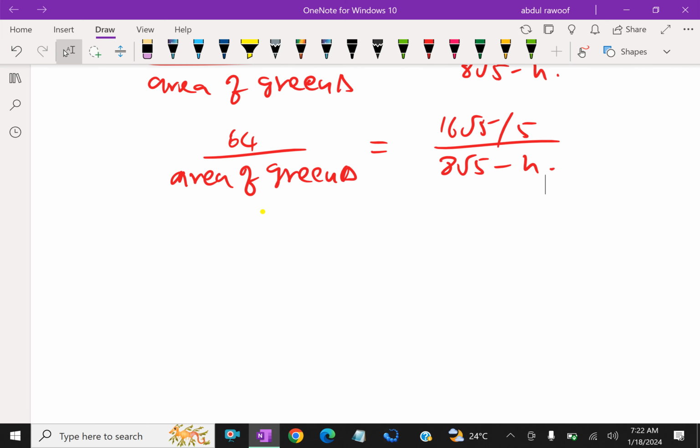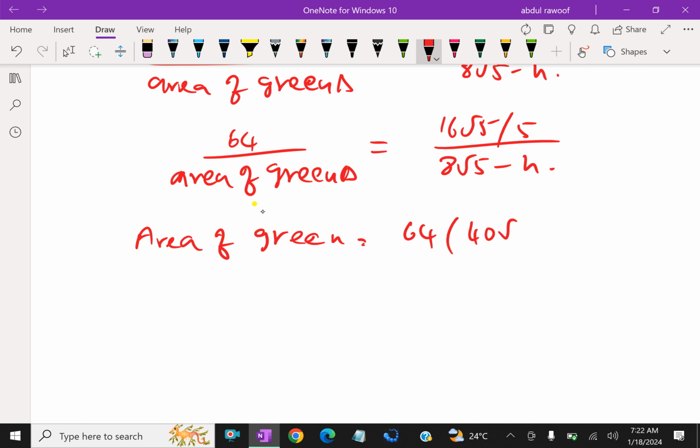So by cross multiplying and simplifying we get the area of green equals 64 into 40 root 5 minus 16 root 5 over 16 root 5.